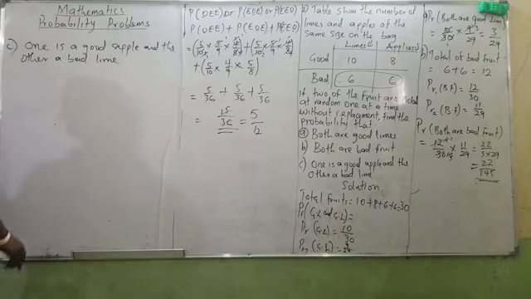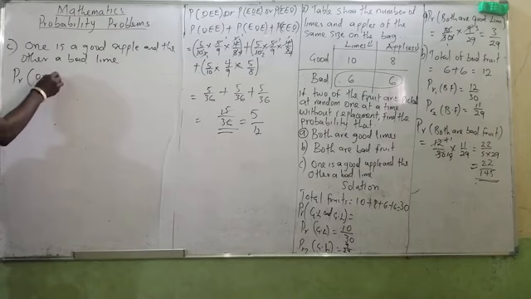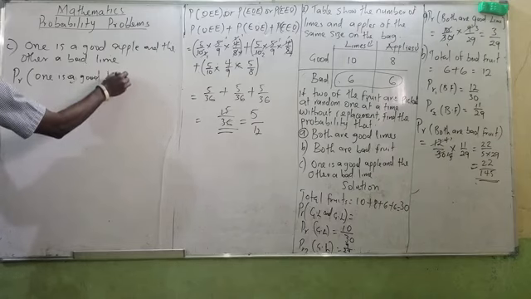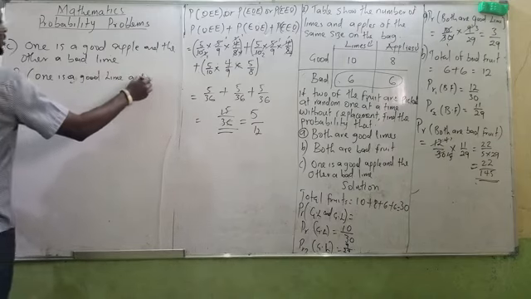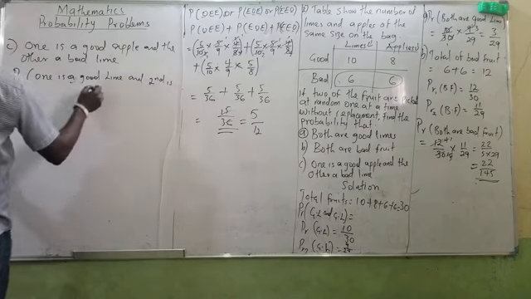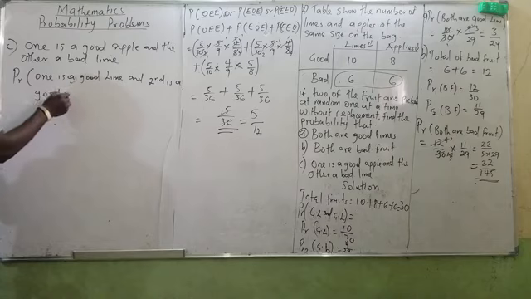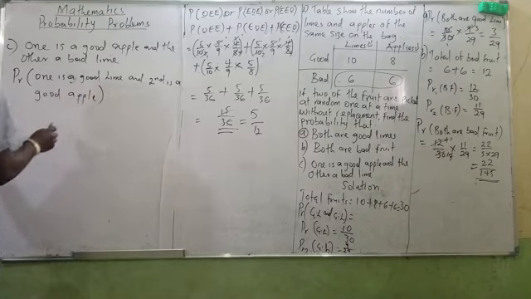I can say the probability that the first one is a good lime and the second is a good apple. That is the first one.